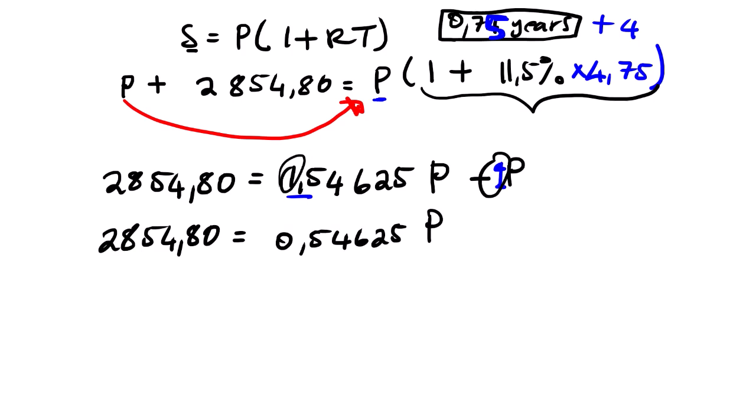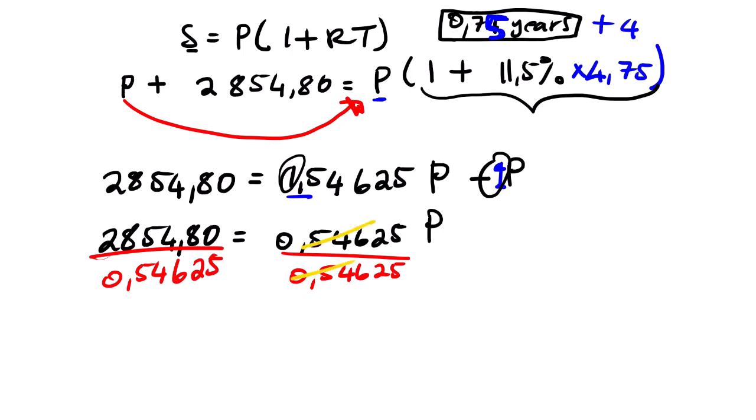So from here we can divide by 0.54625 both sides. Then this will get rid of this, and then we have P equals 5226.178, but when you round off to 2 decimal places, we are going to have 5226.18.